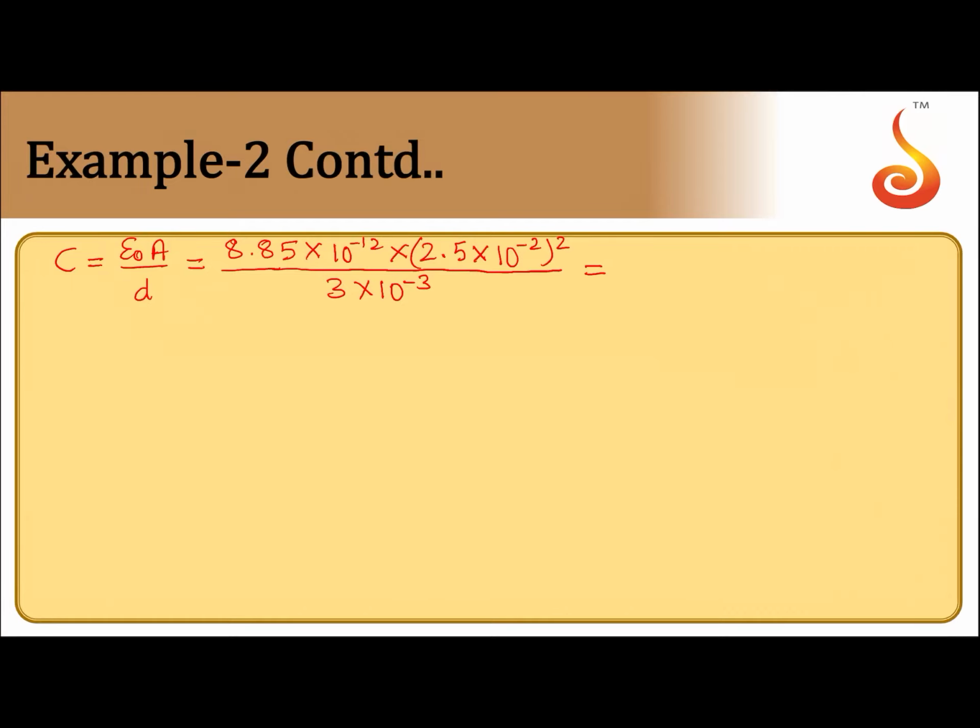So this turns out to be 1.8 picofarad. Pico means 10 to the power minus 12. This is capacitance of the capacitor. Now charge stored in the capacitor is C into V. C is 1.8 picofarad.